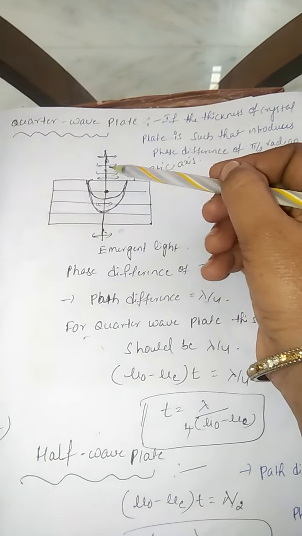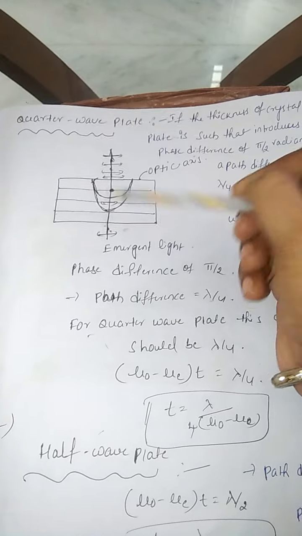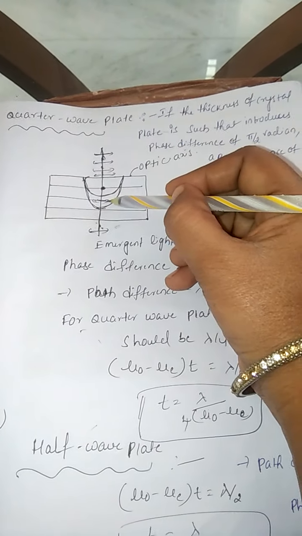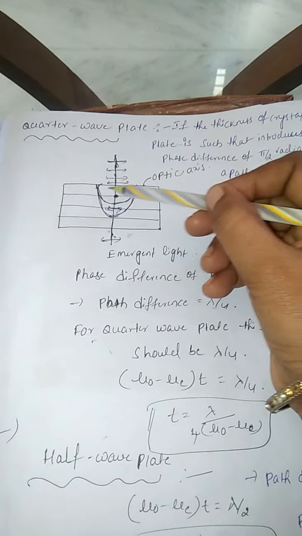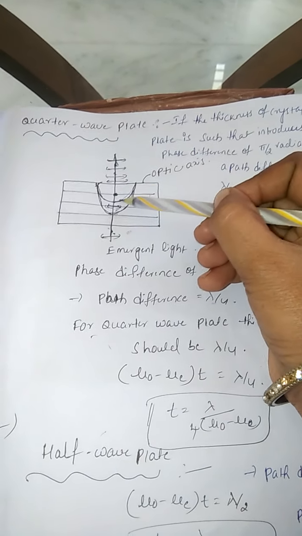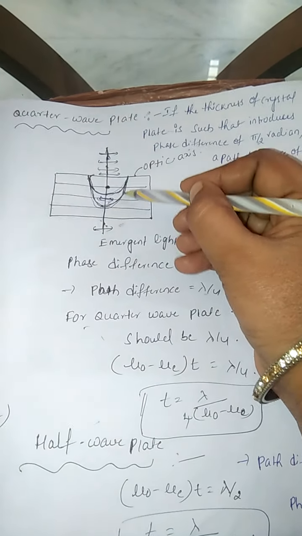That's why the double refracted ray travels in one direction, but it contains two types of waves, that is the ordinary wave and the extraordinary wave. This is the wavefront of the ordinary ray, and this is the wavefront of the extraordinary wave.